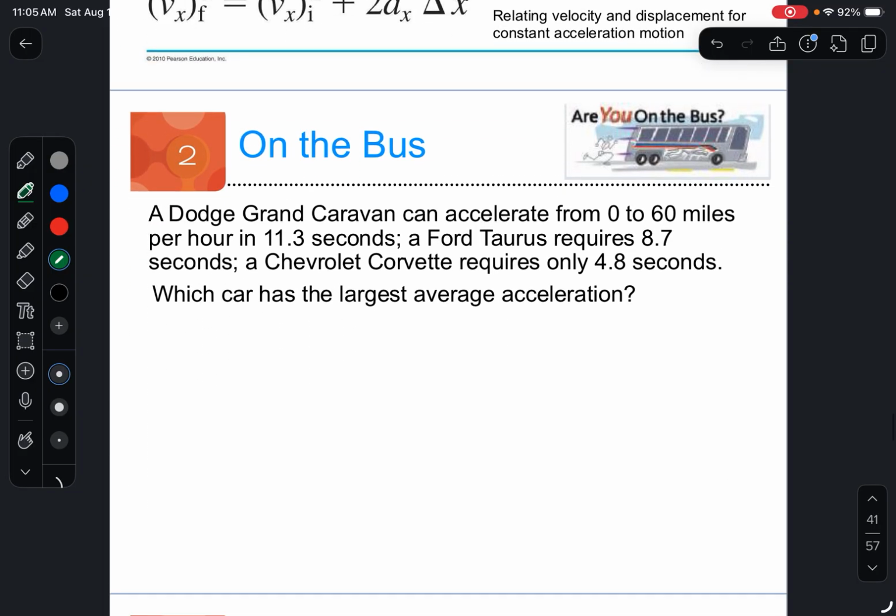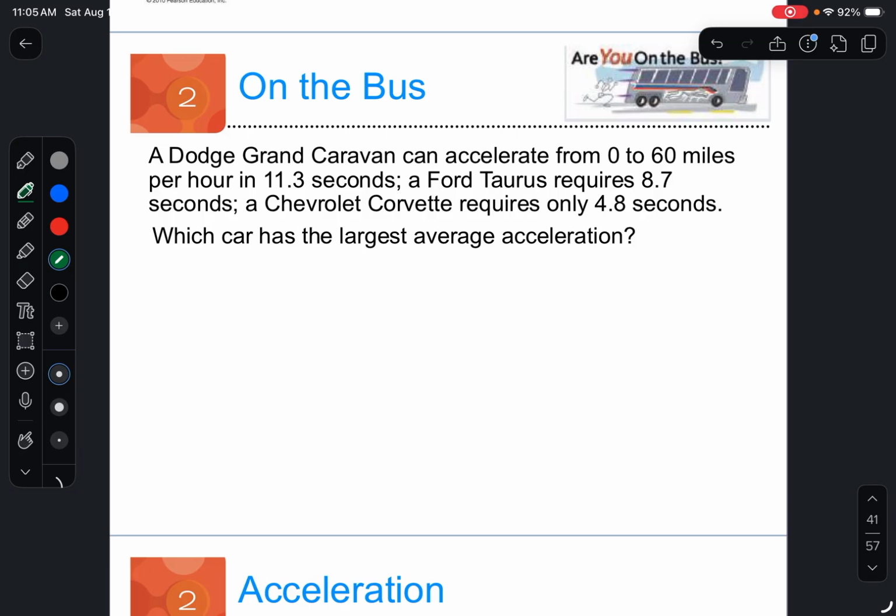Okay, let's look at this example. We have a Dodge Caravan that's accelerating from 0 to 60 miles per hour in 11.3 seconds. We have a Ford Taurus that requires 8.7 seconds, and we have a Chevrolet Corvette that requires only 4.8 seconds.